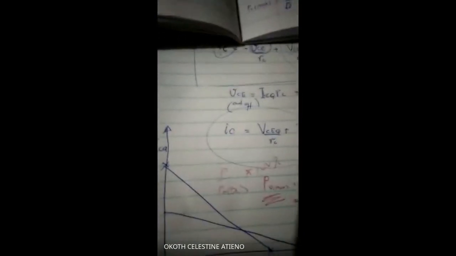Because for efficiency, I've gotten my power output, but I need power output over power input in DC, times 100. I don't know who knows how we'd use power input. Yeah, would use VCC, ICQ. So those are things that I still have to look at.